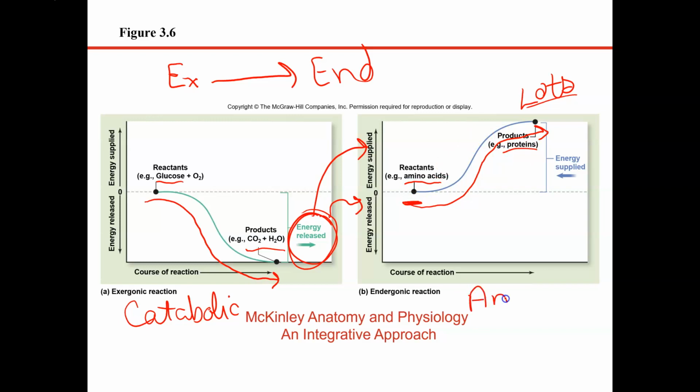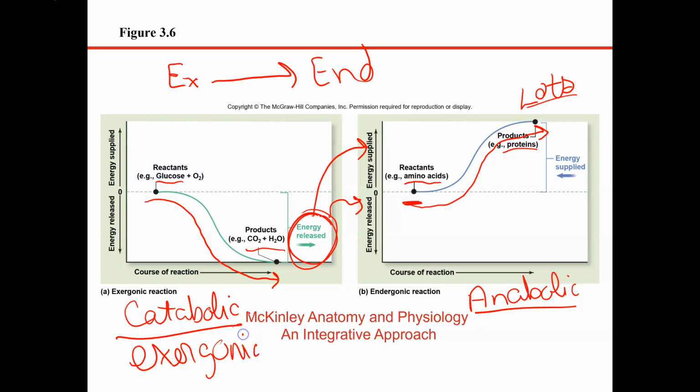This is an anabolic reaction. Remember, anabolic builds things, catabolic breaks things down. I always remember it as cats break things, anabolic steroids build your muscle, so that's how I remember it. So catabolic reactions are always exergonic reactions, whereas anabolic reactions are always endergonic reactions.